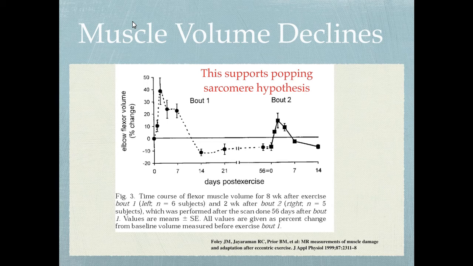We know that the volume goes down, and after 56 days, that volume stays suppressed. So the main point is initially you have a swelling response, which you see at day 0. Once the edema leaves, you actually see a decrement in volume of the elbow flexors, and this would be indicative that you're actually losing tissue, possibly at the sarcomere level.